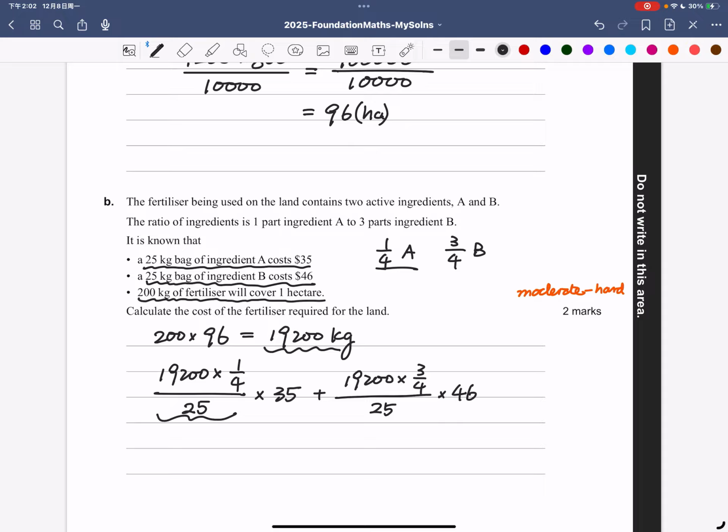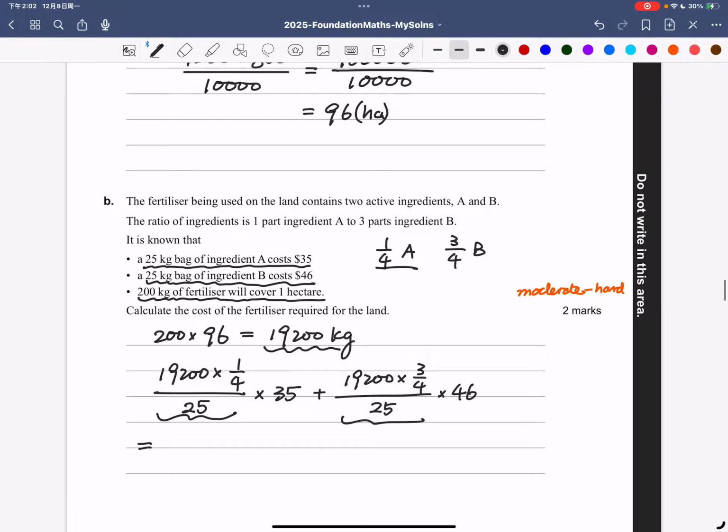So this calculation gives how many bags of ingredient A, and this one gives how many bags of ingredient B. Then we multiply the number of bags by the cost for each part to calculate the total amount I need to pay for this much fertilizer. So that's the final answer. If you believe me, you can just type the two chunks of calculations into the calculator, and then you get the final answer.